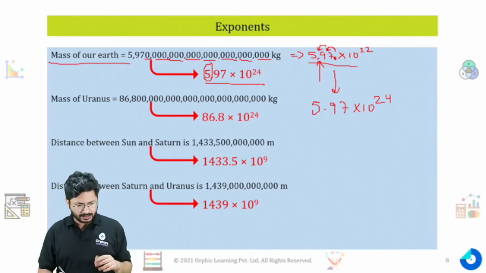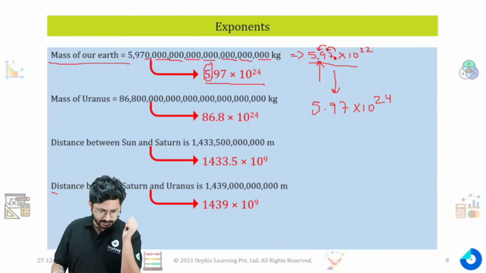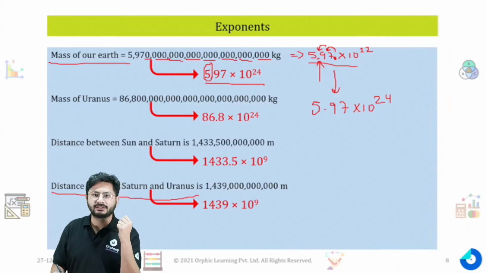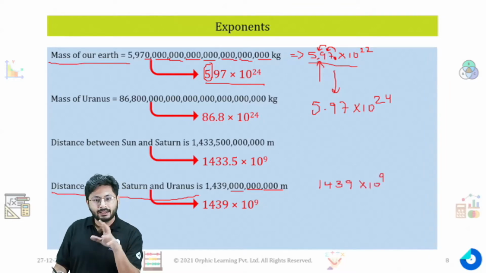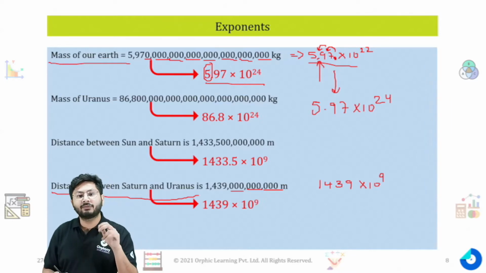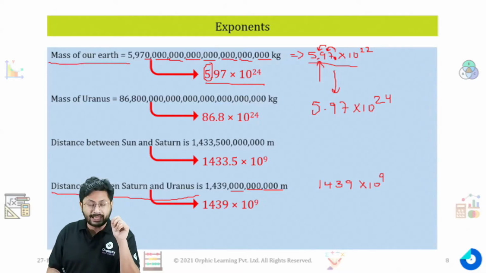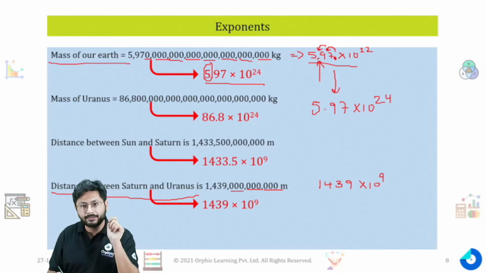Okay. Now let's do it with another one, the distance between Saturn and Uranus. Let's see how many zeros there are: 3, 6, 9. So this number can be written as 1439 into 10 to the power 9, right? Now to convert it into the standard form, what do I need to do? I have to apply the decimal after 1, the digit 1.